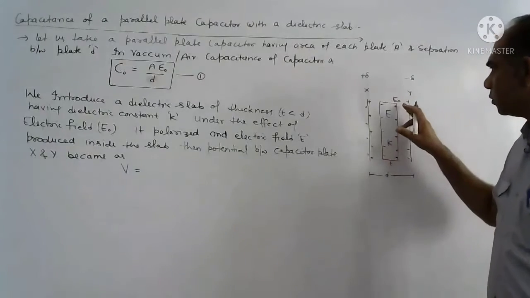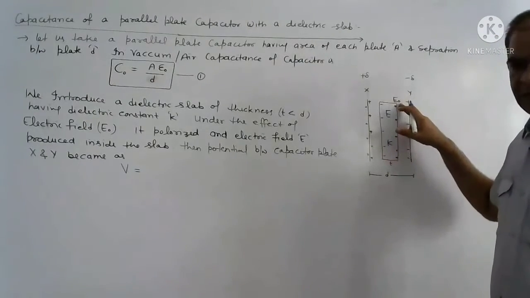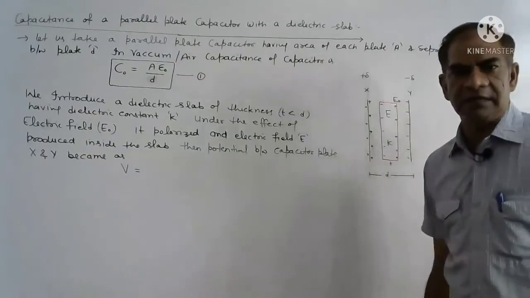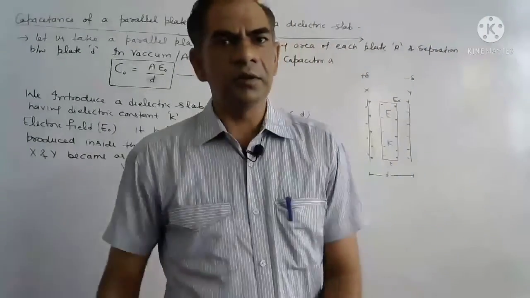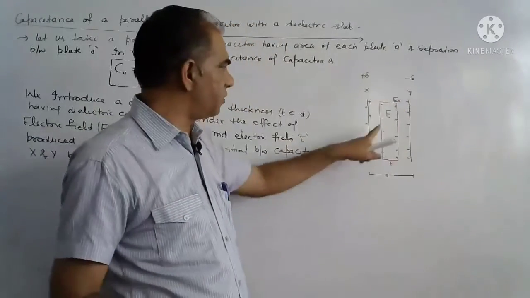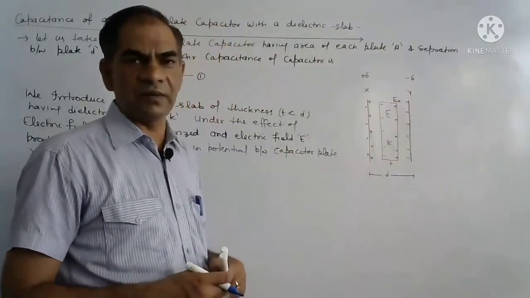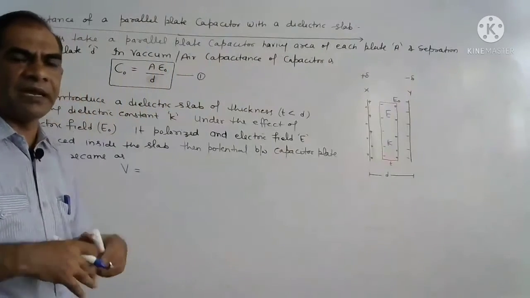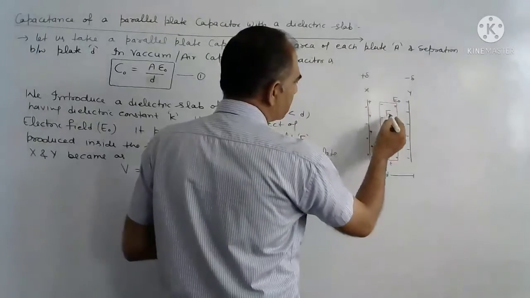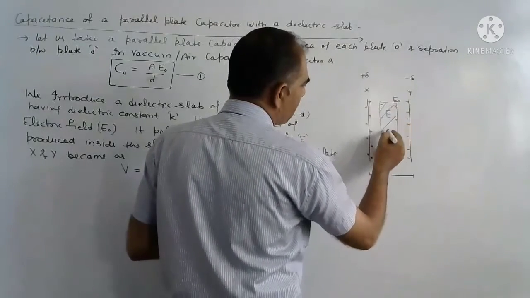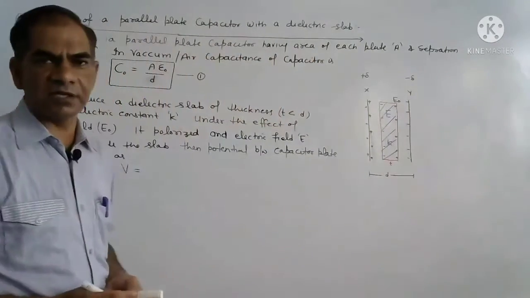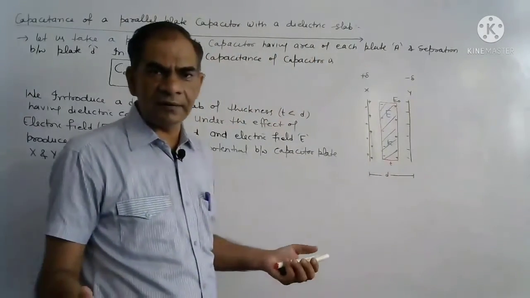Here two environments exist. One has electric field intensity E naught and the other has electric field intensity E. Due to E naught, a different potential is formed, and due to the presence of this new electric field E inside the slab, a new potential is created here. So this part has a different potential and the outer part has a different potential. Potential is a scalar quantity.